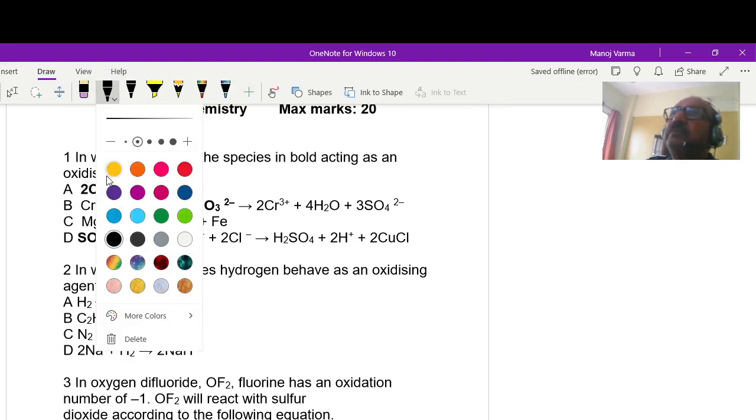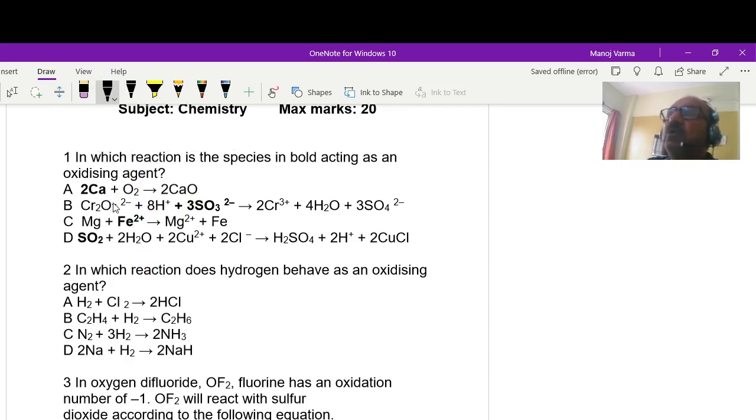The species in bold is calcium. Now, whether it is acting as an oxidizing agent. First you have to see that calcium is getting changed into calcium oxide. If you have understood oxidation numbers, then calcium, because it is not combined with any other element, has an oxidation number of 0.